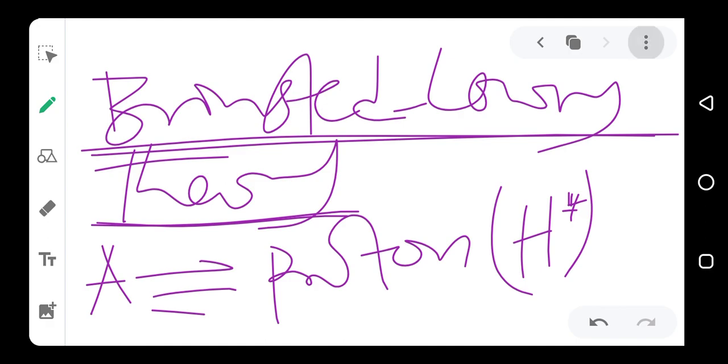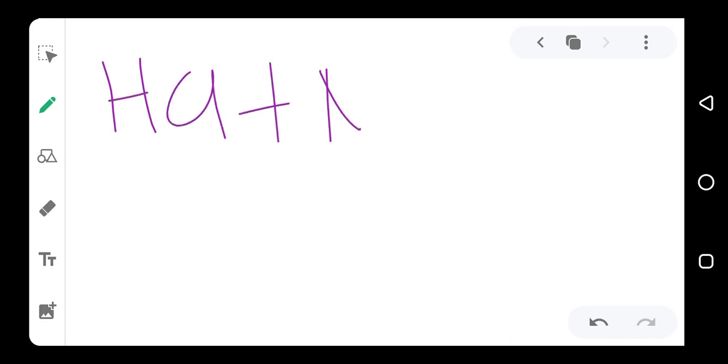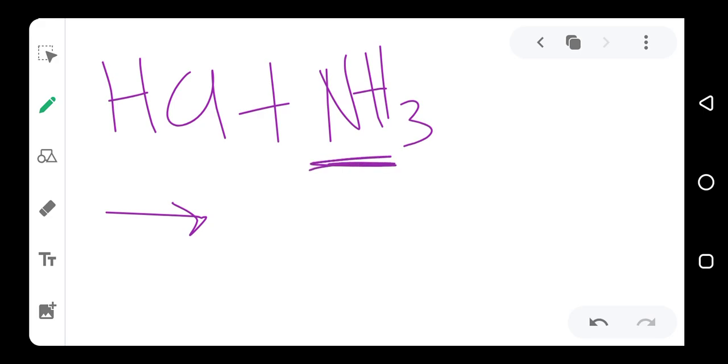So when we have HCl plus ammonia, now we can explain the behavior of this ammonia acting as a base when we define an acid as a substance that donates a proton and a base as a substance that accepts a proton.